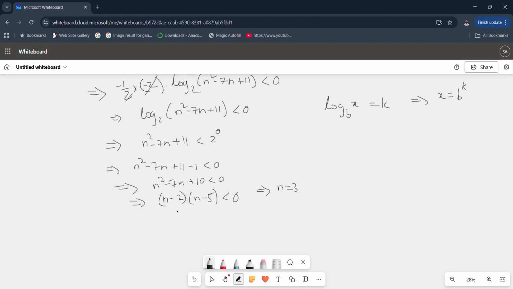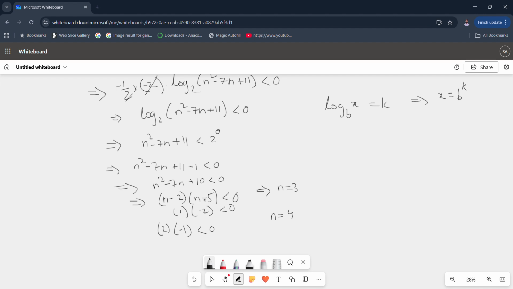If we put n equal to 3, we get 1 into minus 2, which is negative, so this is satisfying the inequality. Let's put n equal to 4. That will give us 4 minus 2 is 2, and 4 minus 5 is minus 1. Again this is less than 0, so it satisfies. If you put 5, 5 is a root, so it will become 0.